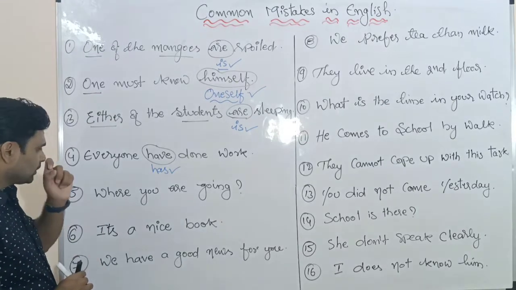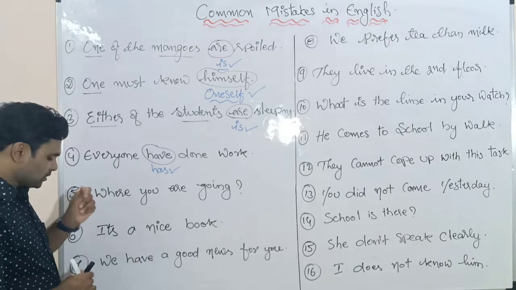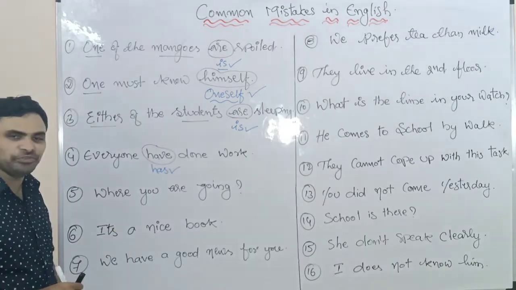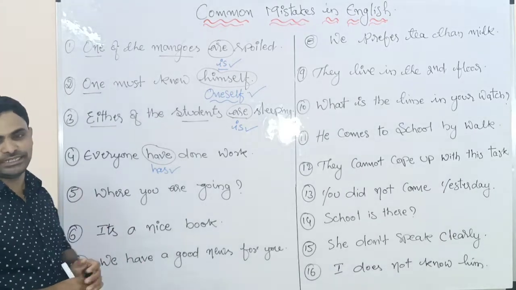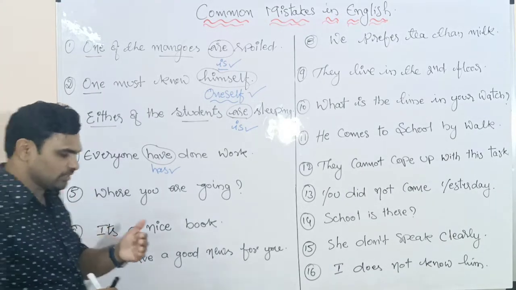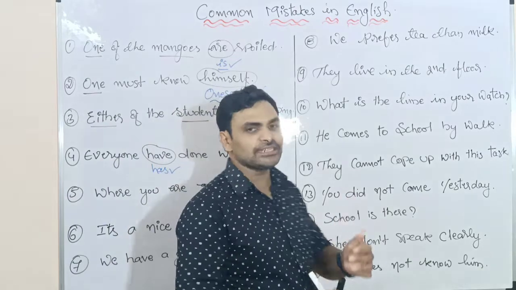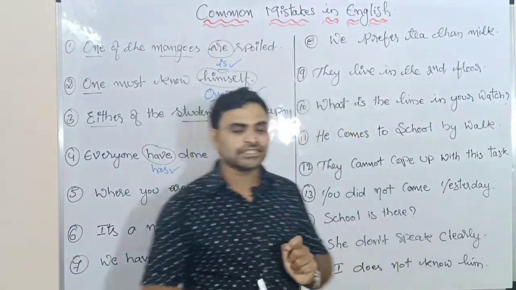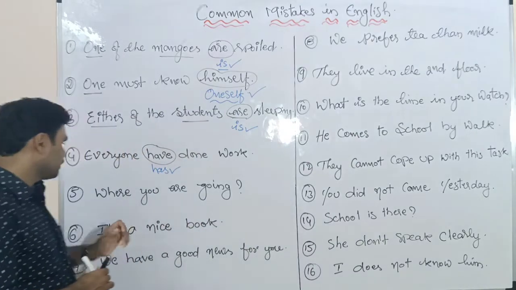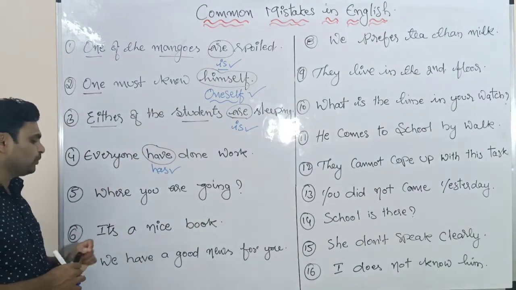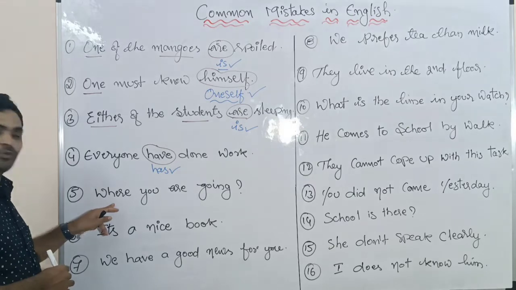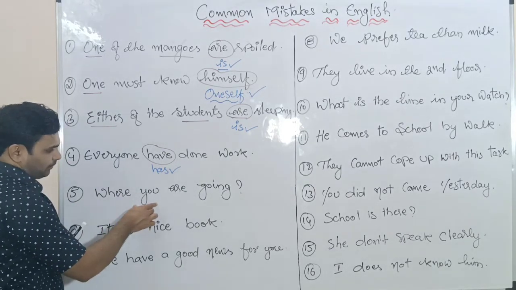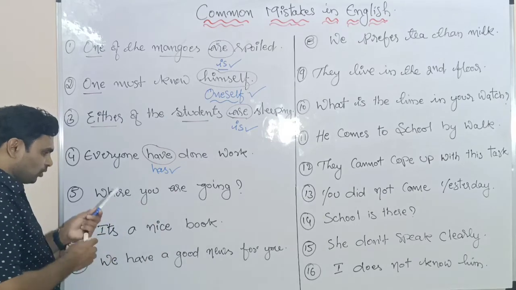Many times the students do this. Where you are going? It is in fact an interrogative sentence. The question asks for getting some information. So the basic structure of framing the question should be like first the WH word and second not the subject, but it is wrong.